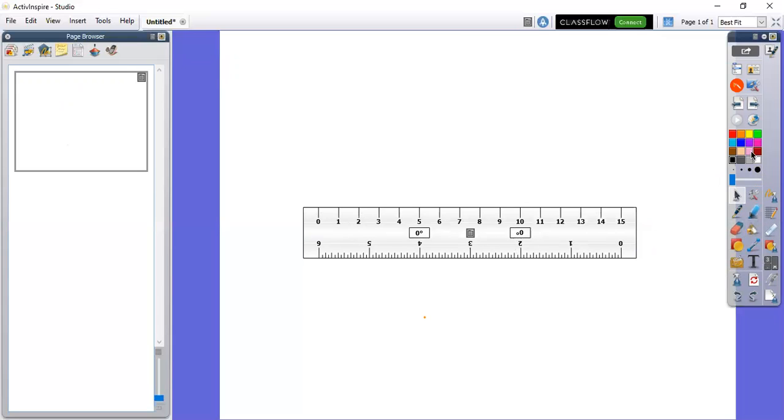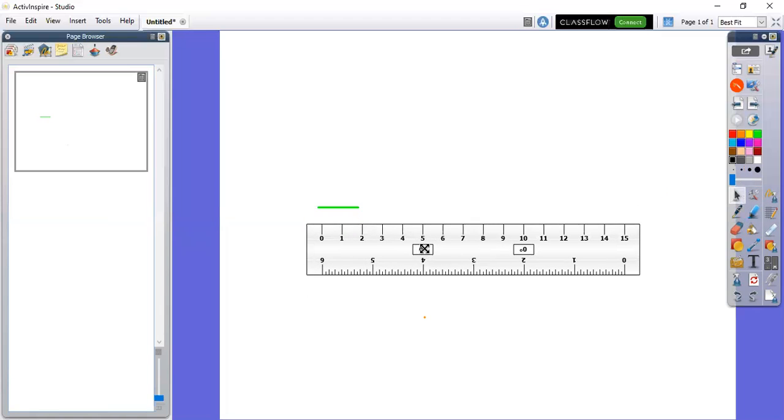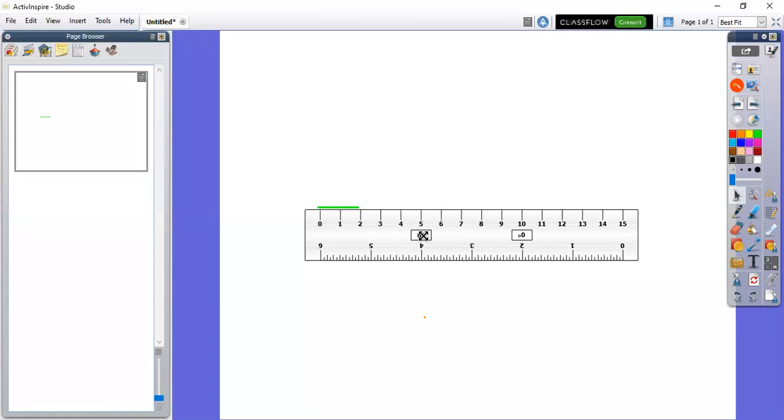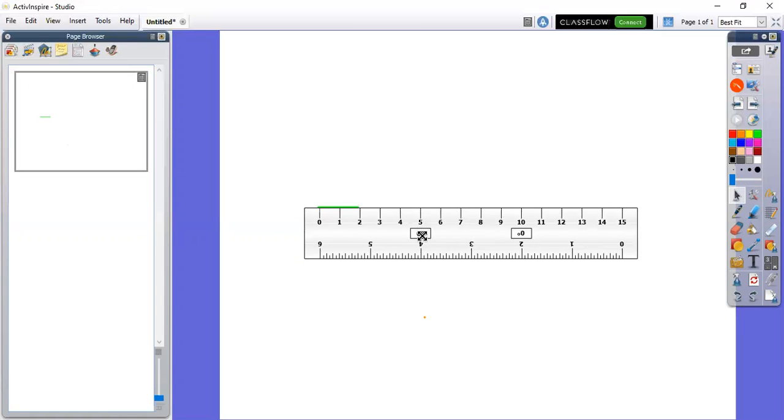Let me find my pen. I'm going to draw a line from 0 to 2. All right, there's my first line. Now we have a line that is 2 centimeters long.